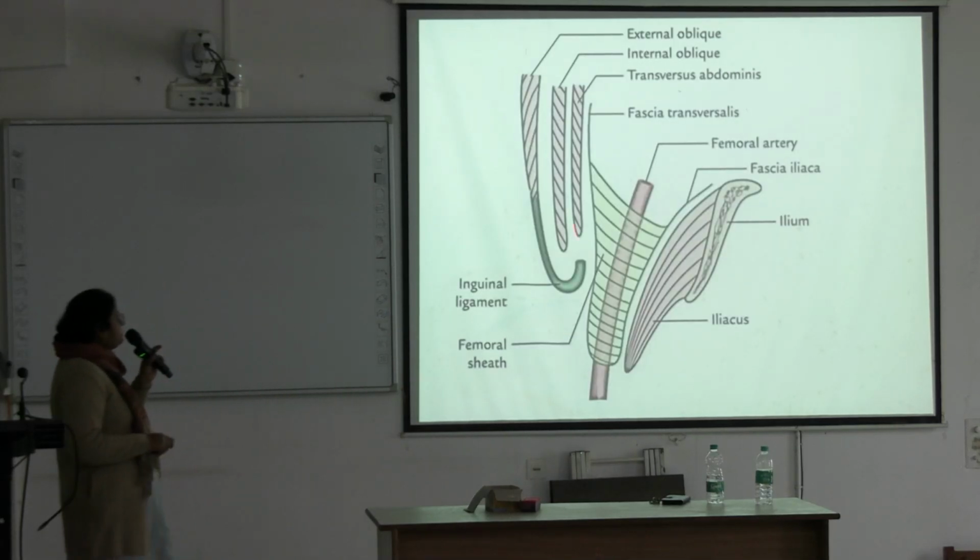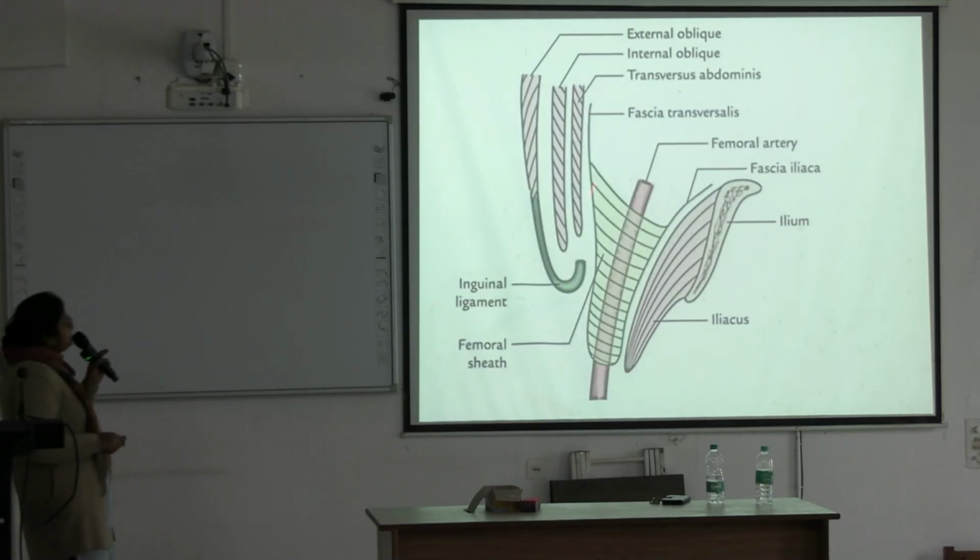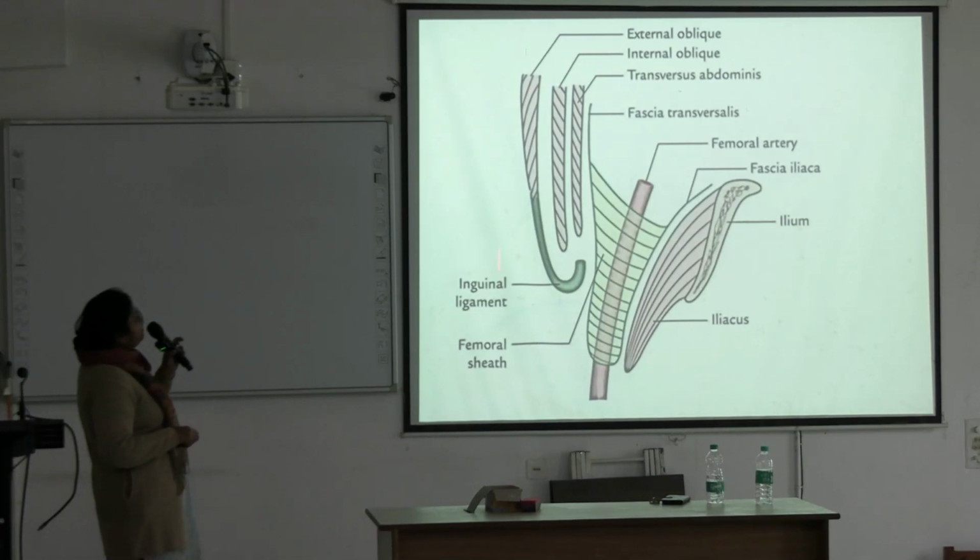See here the formation of the femoral sheath has been shown. These are the anterior abdominal muscles. This is the external oblique muscle, and its lower end forms the inguinal ligament. Deep to it are internal oblique, then transversus abdominis, then fascia transversalis. This fascia transversalis is pulled downward along with the artery to form the femoral sheath.